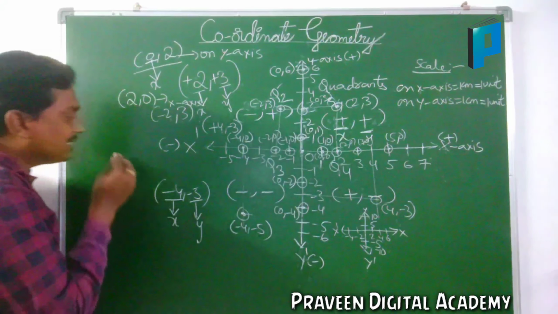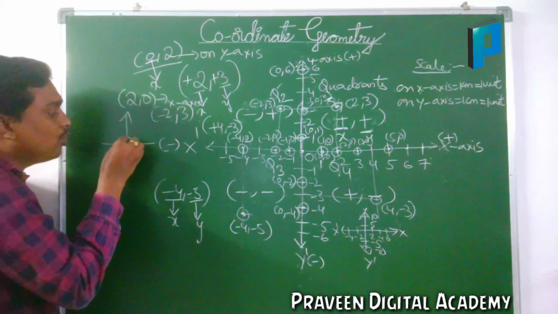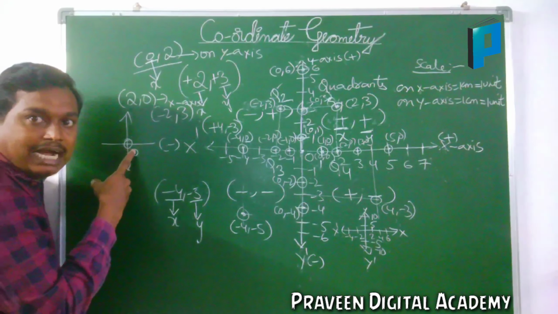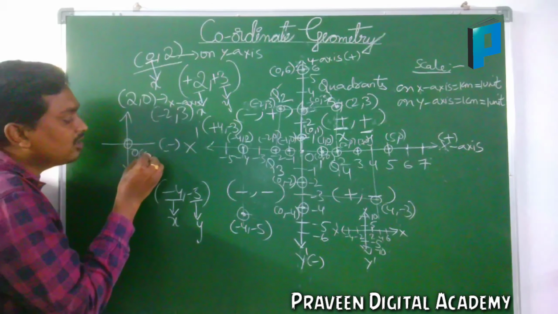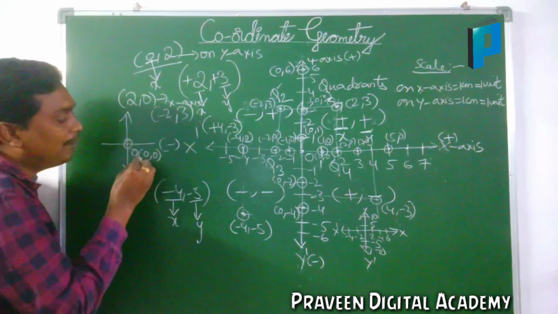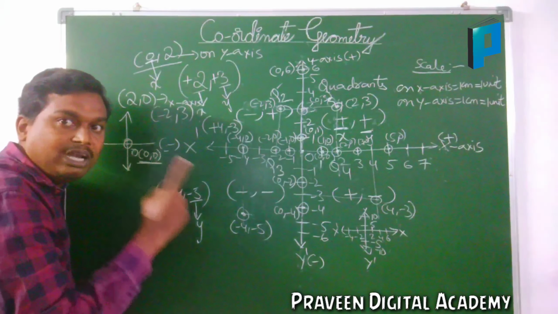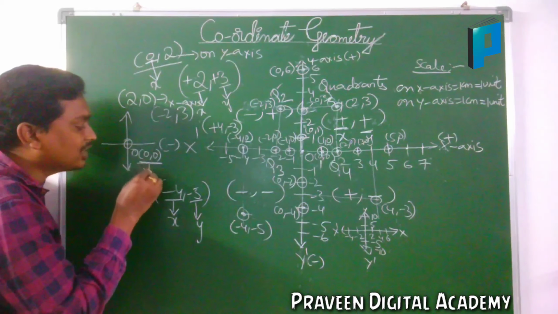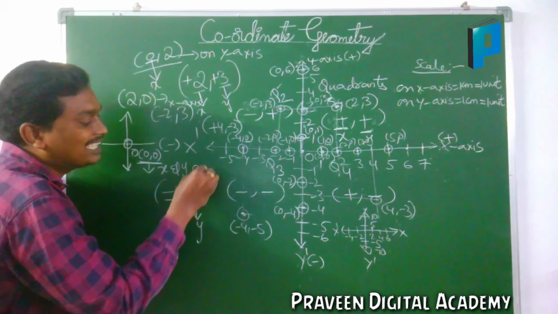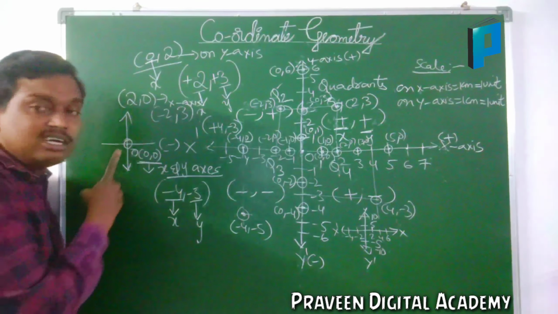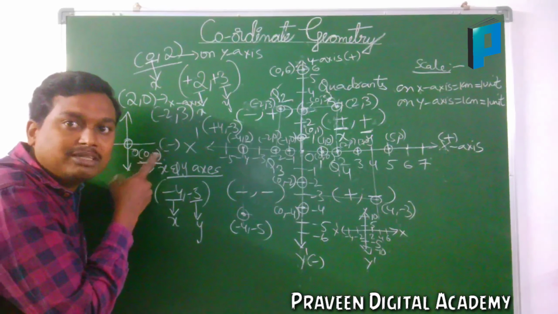And where this x axis and y axis meet is called the origin, and it is represented by O. I already told you the coordinates of O are 0, 0. Only one origin lies on both the x and y axes. The origin itself has the coordinates 0, 0.